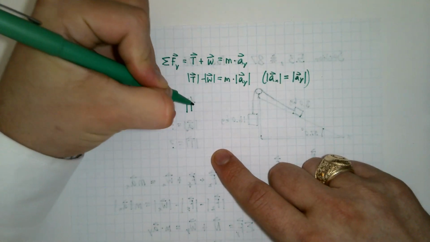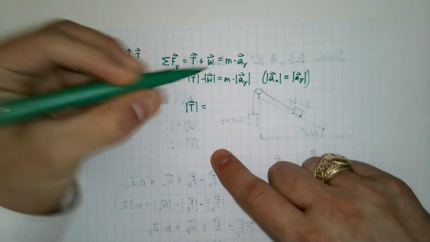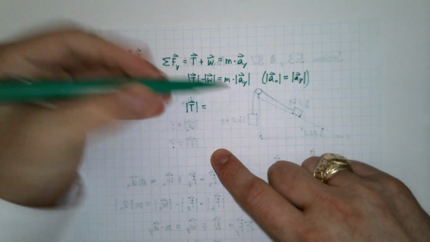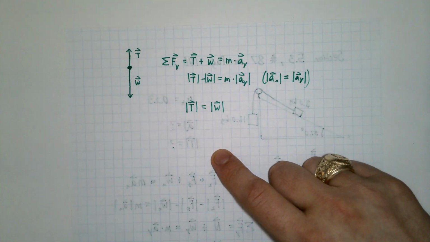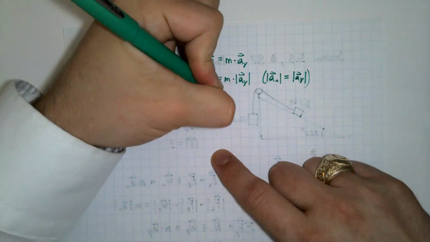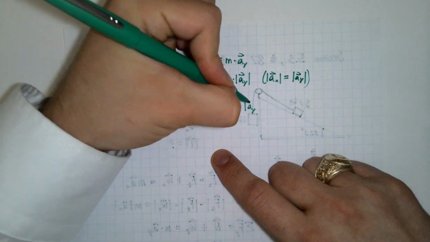So if we're trying to find the tension, then we can isolate tension by moving weight to the other side. So now we have the weight of the block plus mass times the acceleration of the block.